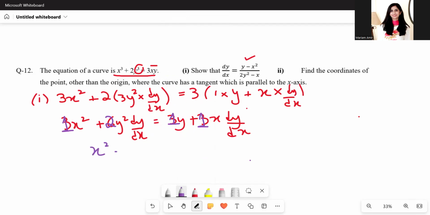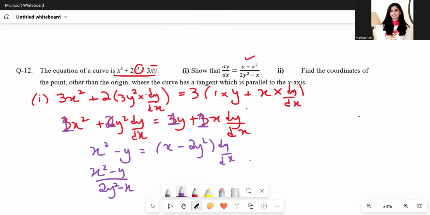So I have x squared minus y equals dy by dx times x minus 2y squared. So x squared minus y over x minus 2y squared equals dy by dx.